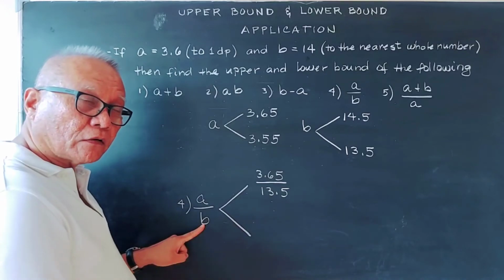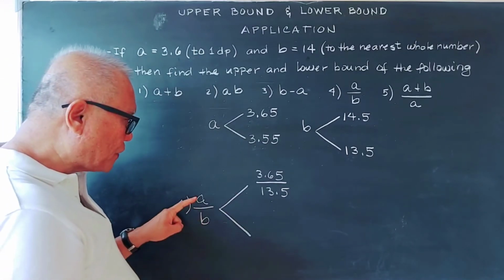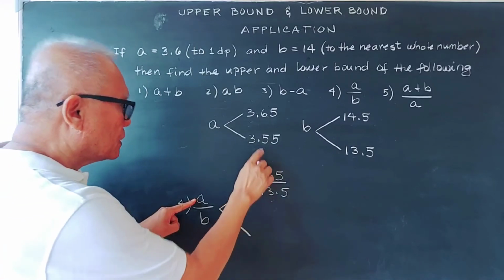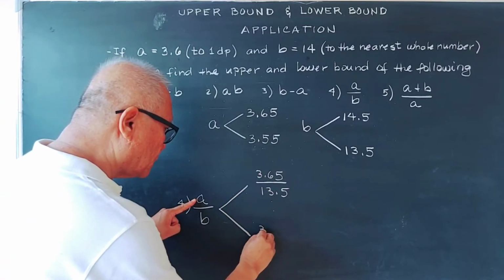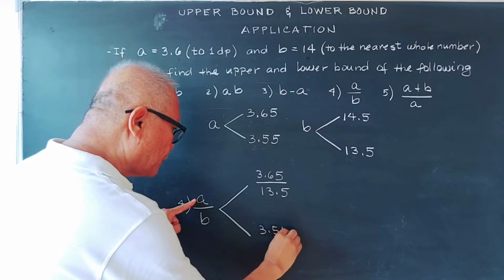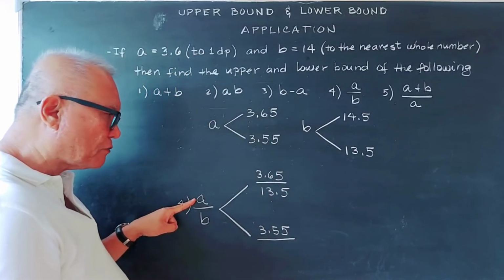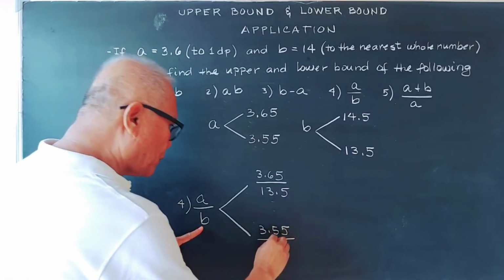For the lower bound, we need this one to be the minimum, which is 3.55, and we will divide this by the maximum or the larger number of B, which is 14.5.